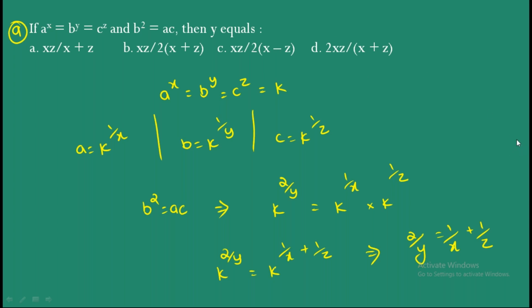From this we can say that y equals 2xz by x plus z. If you just shuffle all those things and find it, yes, y is nothing but 2xz by x plus z. Got it. Option D is correct. Excellent.